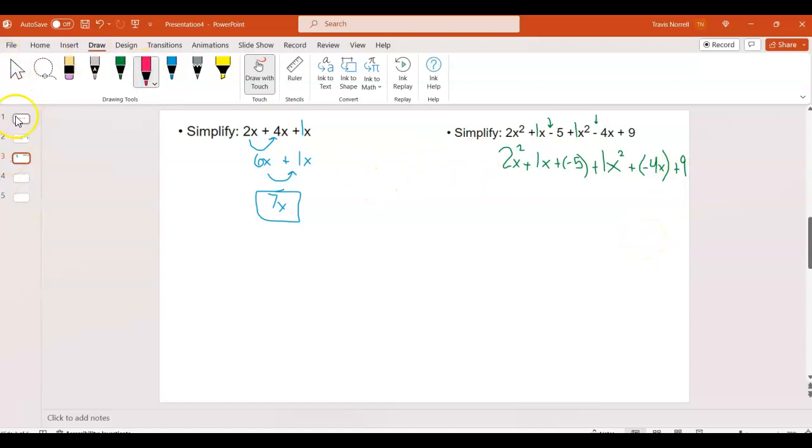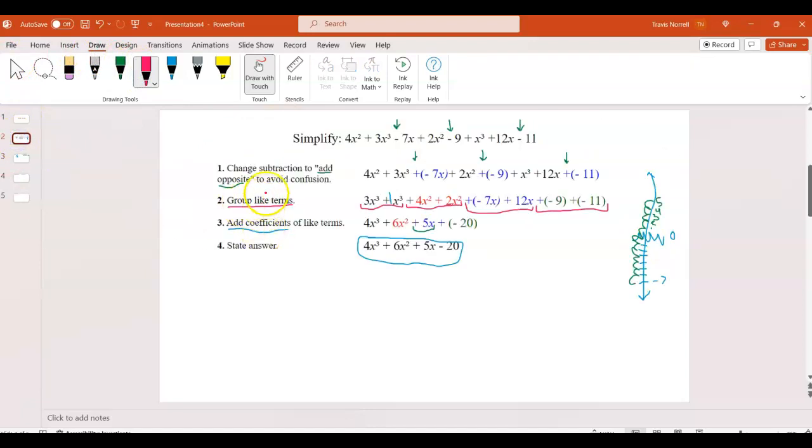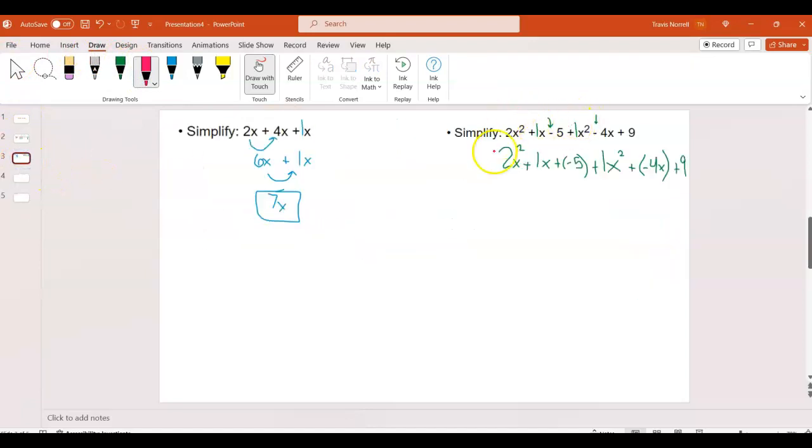Now we can start grouping like terms. So you'll notice that I have 2x squared and 1x squared, so we can place those together. Positive 2x squared plus 1x squared. Let's see, I have plus 1x plus negative 4x.